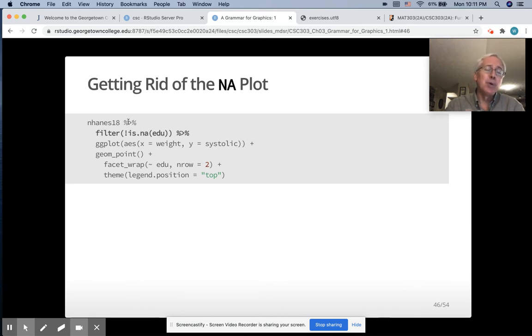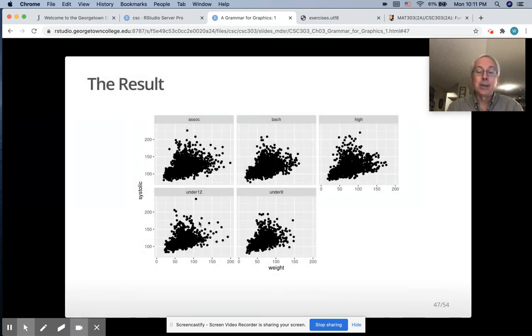It's going to remove all those data points. So we have the pipe, we apply the filter that gets rid of all those rows in the data set that had no response for education, and then we pipe from that filtered data set the same command that we had before. And what that does is it gets rid of all the non-respondents to the education question.